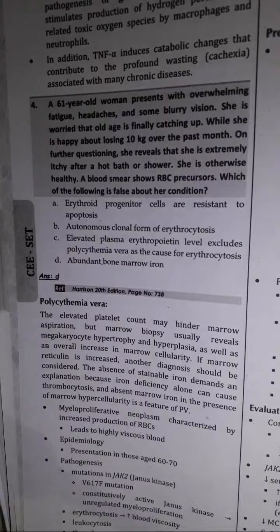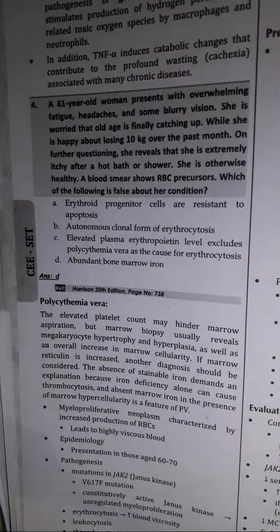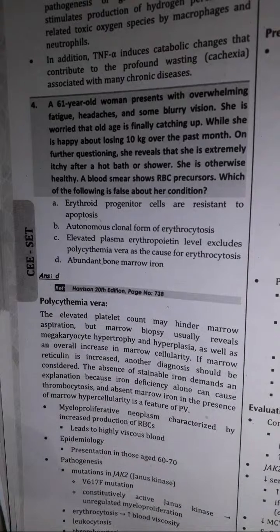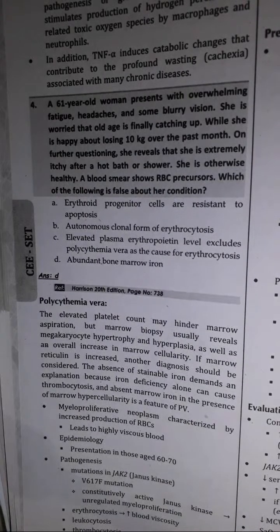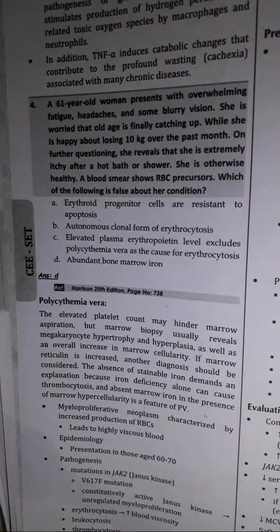A 61-year-old woman presents with overwhelming fatigue, headaches, and some blurry vision. She is worried that old age is finally catching up, while she is happy about losing 10 kg over the past month. On further questioning, she reveals that she is extremely itchy after a hot bath or shower. She is otherwise healthy.